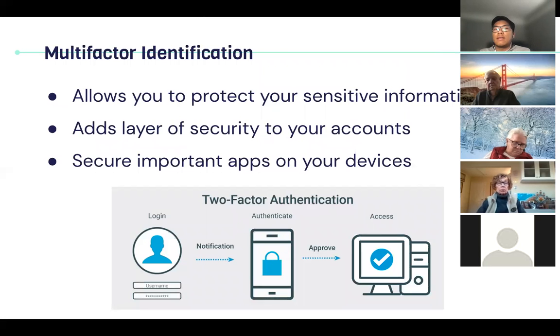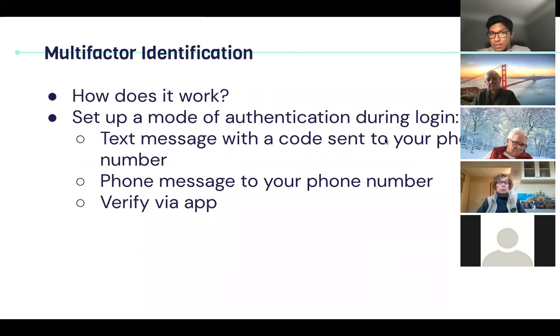In the event that the email and password get out to somebody else, there's another step they have to get through, but they don't have that information, so it protects your account. It allows you to authenticate that you're the person who is logging in.